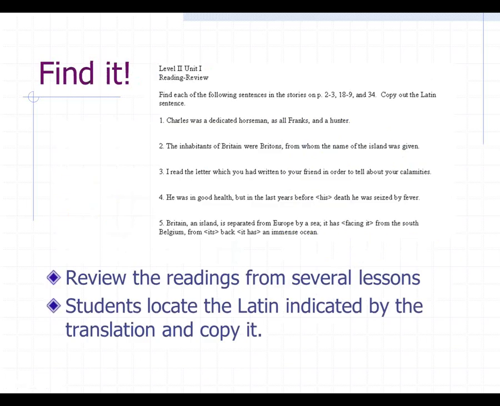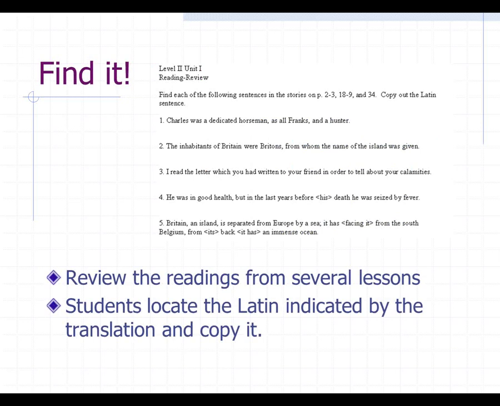Okay. My last story activity, Find It, is really more of a game for reviewing several stories at the end of the unit. You could do it for only one story, but that would obviously cut down greatly on the challenge. So first you divide the class into teams of any size. It doesn't really matter, 2 students, 5 students, whatever.